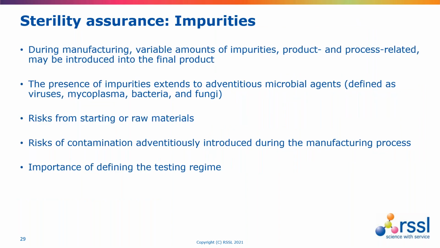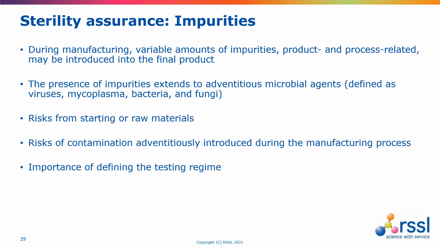Also need to be mindful of impurities, because during manufacturing, variable amounts of impurities, both product and process related, could potentially be introduced into the final product. So it's crucial that any reagents known to be harmful to humans are analysed, and acceptance criteria set.